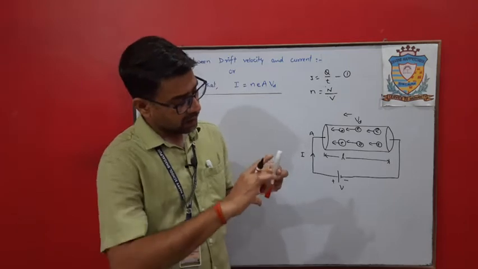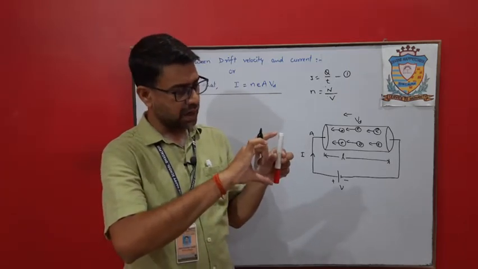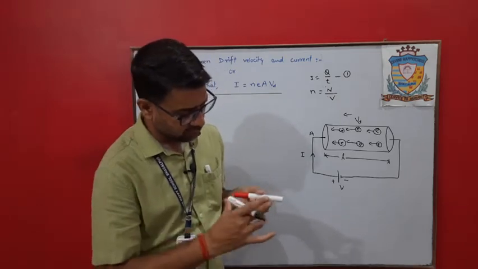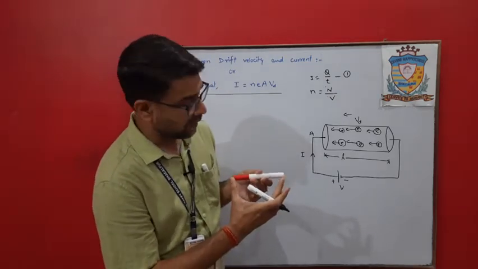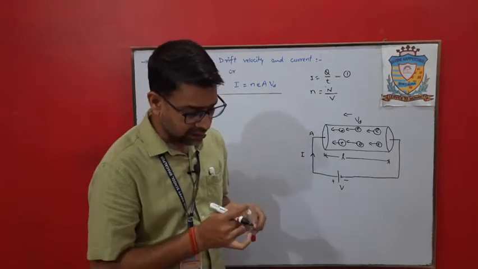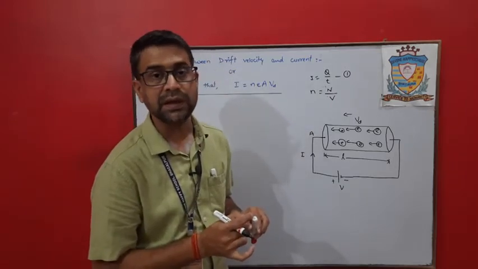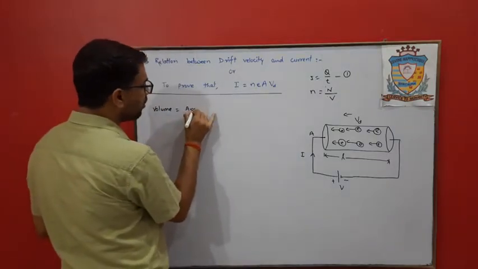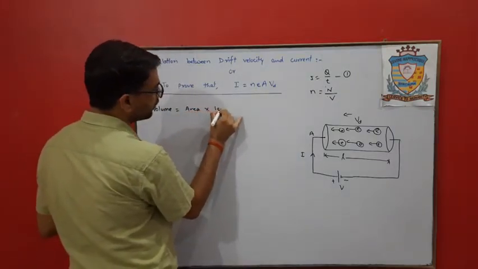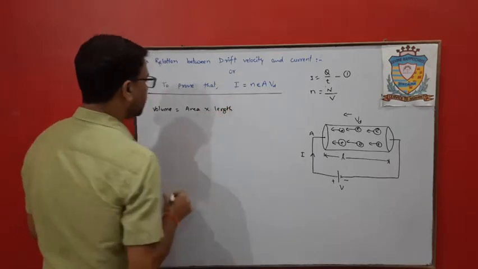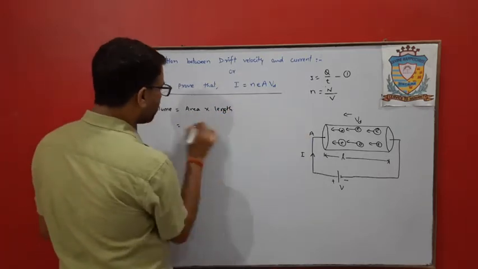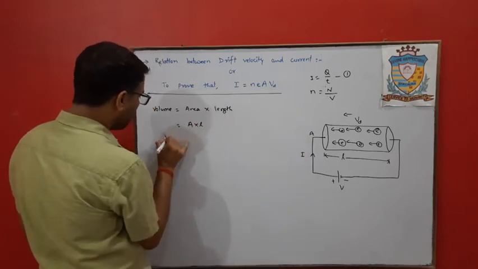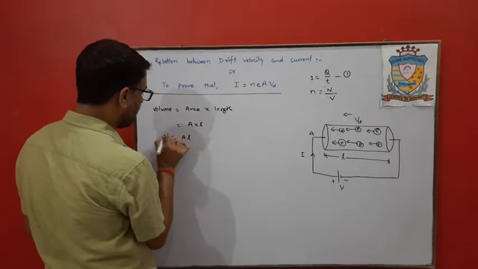In this case, if it is kept in a horizontal plane, this h will be replaced with this L, and this is the area of cross section, that is A. Clear? So volume can also be written as area into length. Okay, this area of cross section is A and length is L, so V is written as AL.